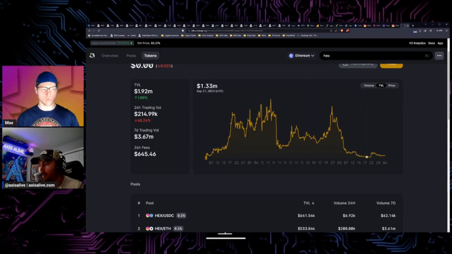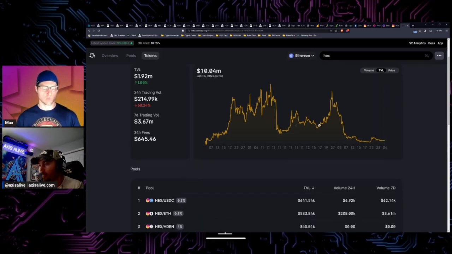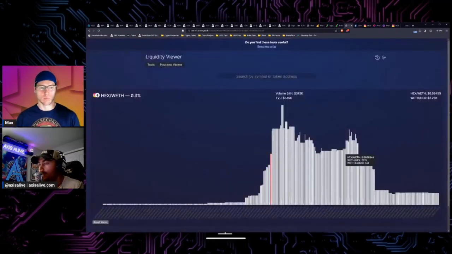People have taken their liquidity off, which gives it a lot of upside potential. Because like I said before, this is only like $400,000, $500,000 of liquidity, and you're talking about an entire market with 100,000 stakers. So one or two big players can come in and absorb all this supply up. They're just waiting for the right time.